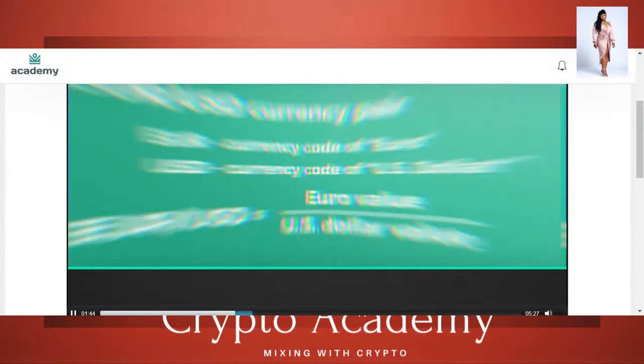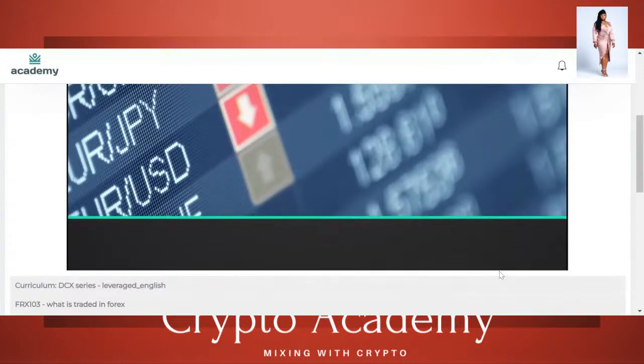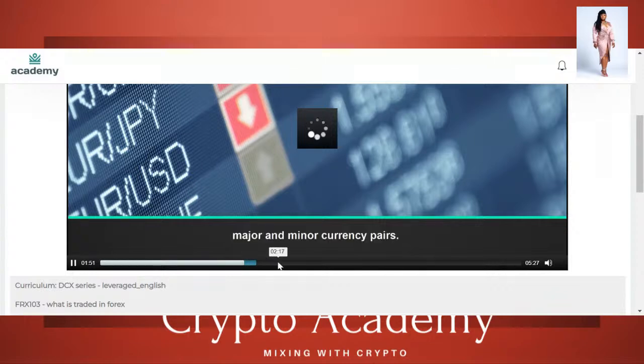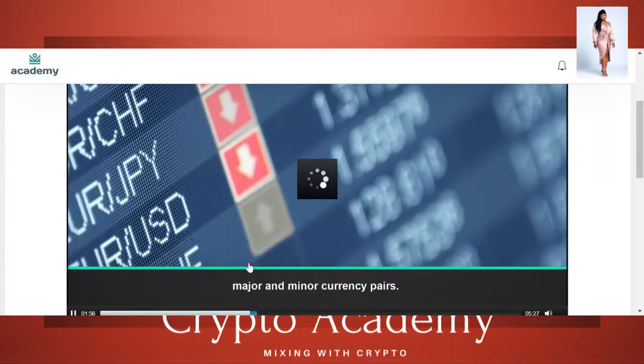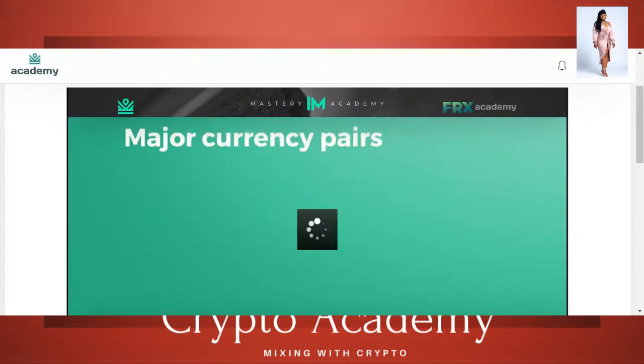Let's take a look at the pairs you can trade in the value two currency pairs together. Forex market. First, let's start off with major. Let's take a look at the pairs you can trade in the major and minor currency pairs. Starting with major Forex market. First, let's start off with major currency pairs. These are any currencies that are and minor currency pairs.